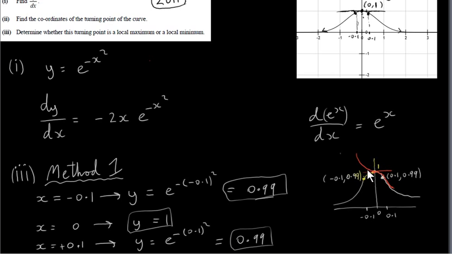It would actually be a horizontal line that would cut through the curve, but nevertheless it's a horizontal line. So in order to rule out that situation, you really want to pick two points on either side of your turning point, and it turns out both of these points are below the turning point, so we must have a local maximum.